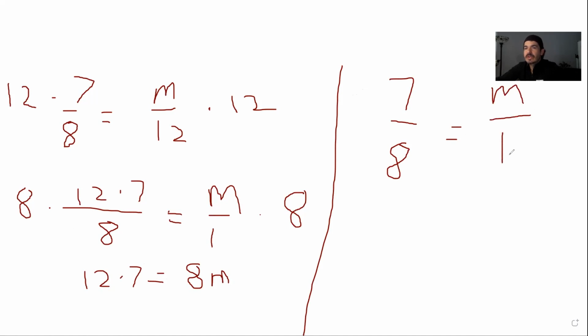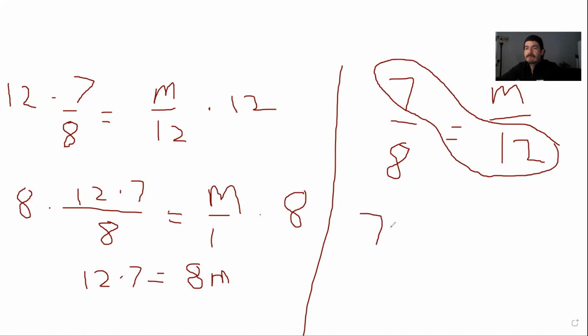They're using the term cross product method, which I've never heard before, which is to take the denominator on one side and the numerator on the other and multiply them together. And to take the denominator on the other side and the numerator on the opposite side and multiply them together.